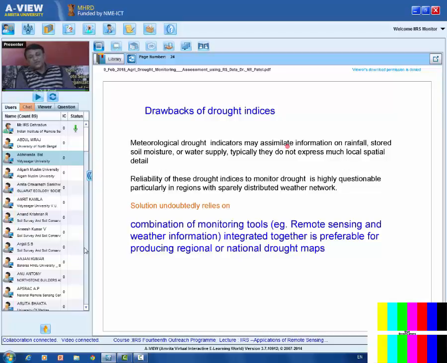We need a more dense network, then only can we better monitor drought using these conventional meteorological drought indices. That is why one needs to integrate both remote sensing as well as weather information, that means meteorological drought indices, in an integrated manner for preparing regional drought maps.